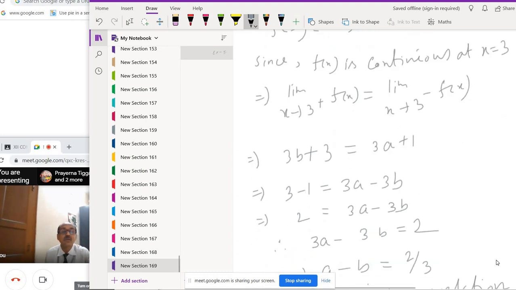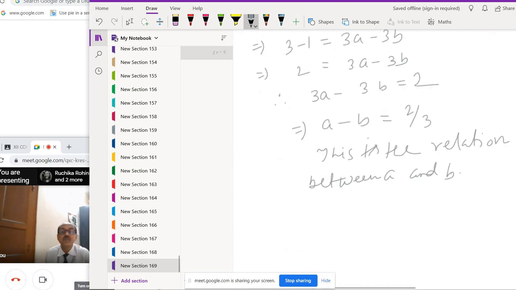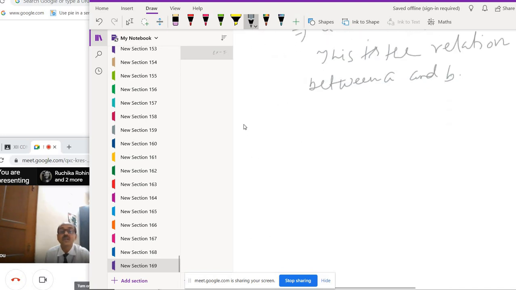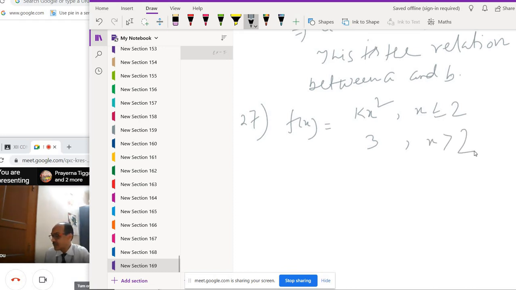So the question is: f(x) equal to kx square when x less than or equal to 2, and 3 when x greater than 2.